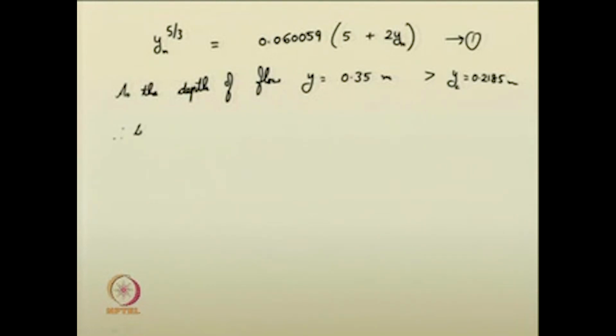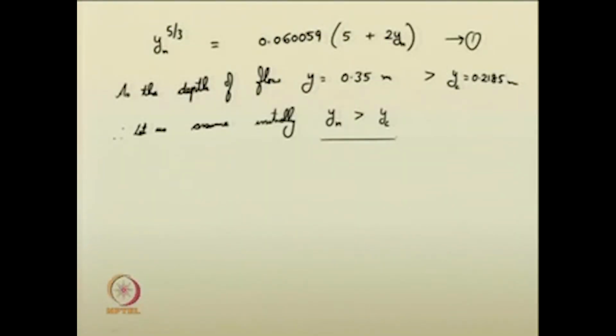Therefore, let us assume initially y n is also greater than y c. Let us consider it as a mild slope because in most of the cases you may observe mild slopes, especially for distribution channels. You may not think that much of steep channels.